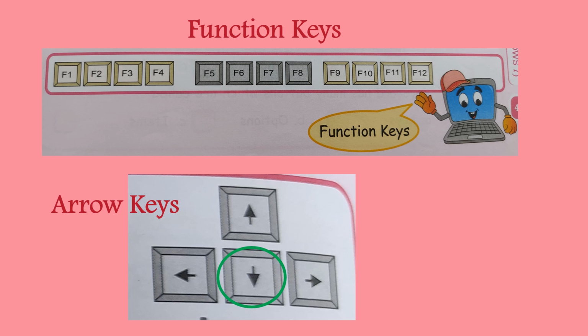This moves the cursor downward. Next is the right arrow key. This moves the cursor one character to the right side. This is the left arrow key. This moves the cursor to the left side. Okay, so these are the keys of the keyboard.